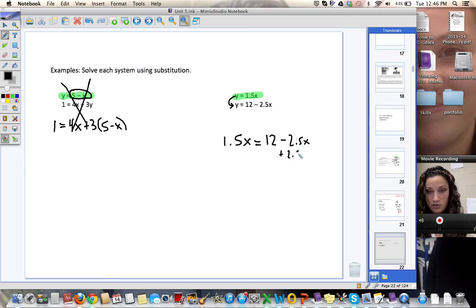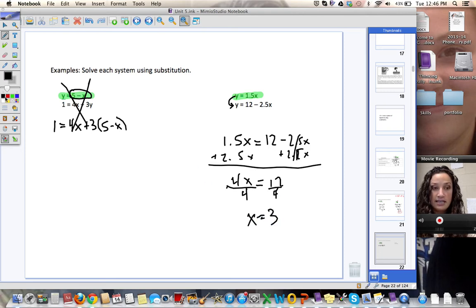So now I add 2.5x, cancel, 12, what is this going to give me, 2, 3, 4, divide by 4, so I get x to be 3.